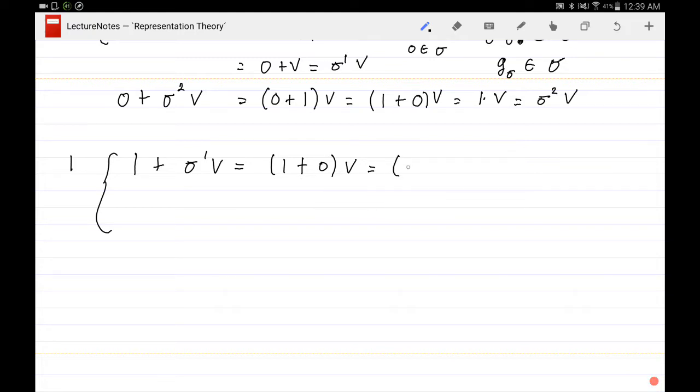The coset representative is still going to be 1, and the subgroup element, which we decided is going to be 0. So 0 will act on V as just V, and we're left with 1 acting on V, and 1 is in the coset sigma 2 V. So the way 1 acts on this coset is that it gives me something from the second coset.